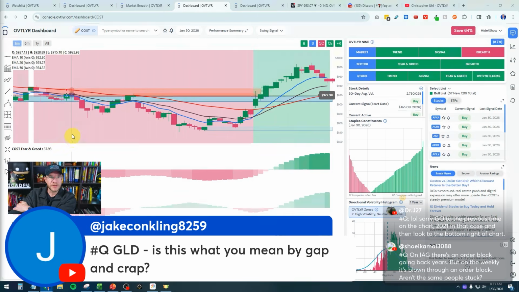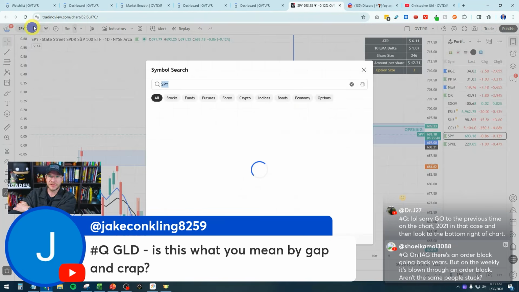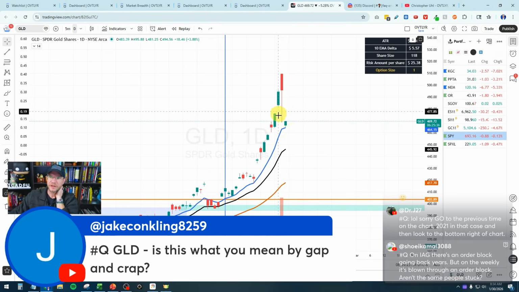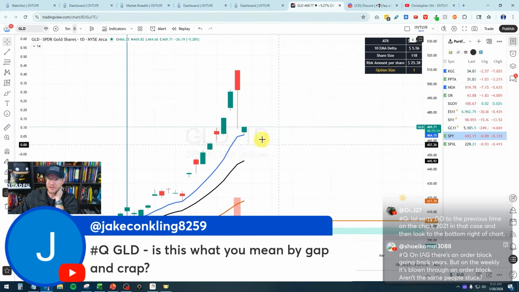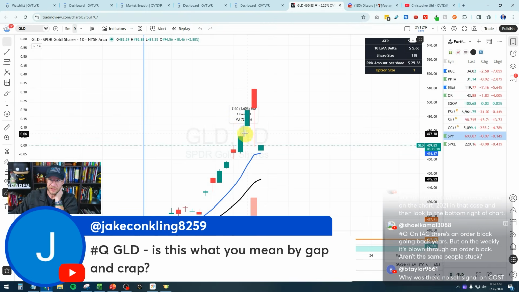On gold, is this what you mean by gap and crap? All right, let's go look at gold. You want to look at GLD specifically. Okay, let's talk about gold. This is a gap, right? The gap is measured from the close of day one to the bottom of day two, or you could use the opening of day two from the close of day one.